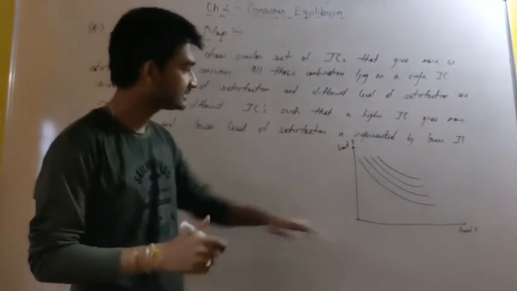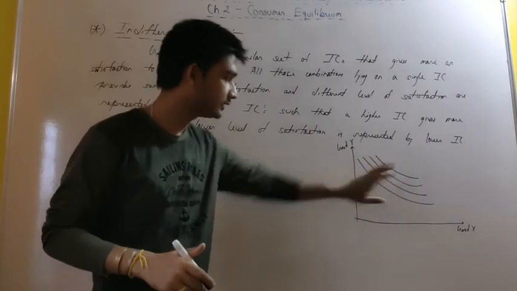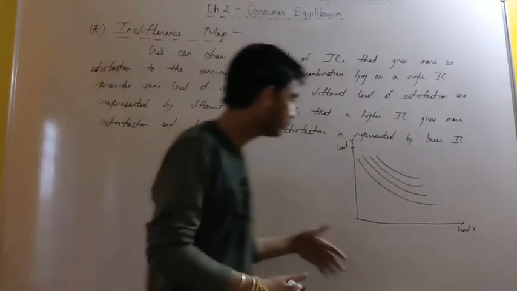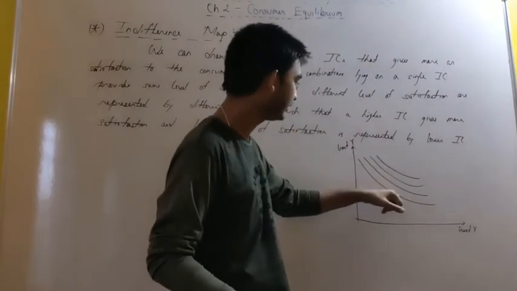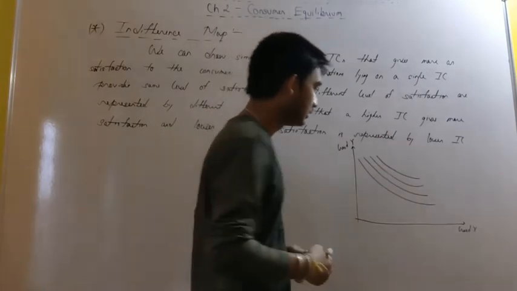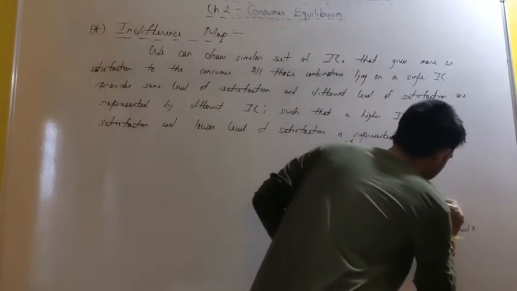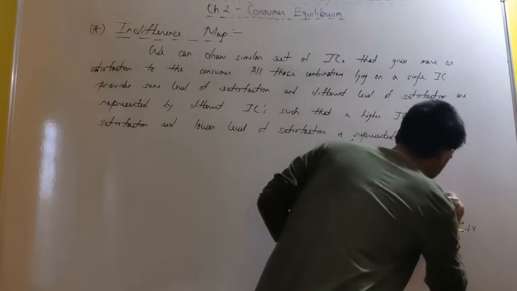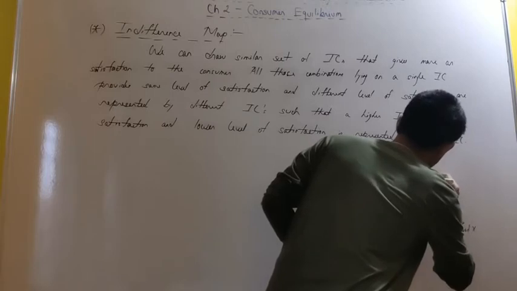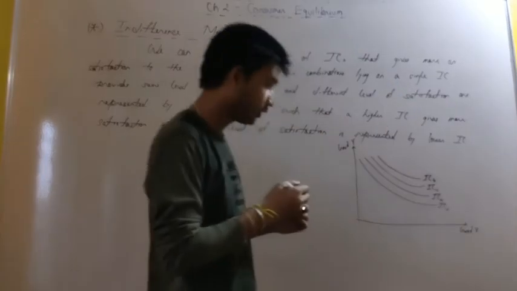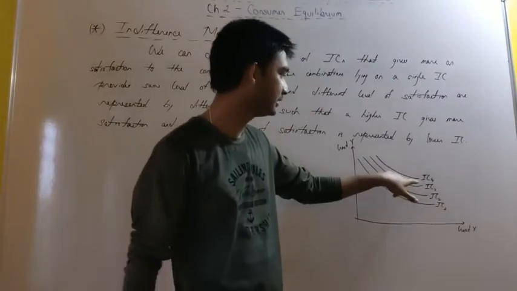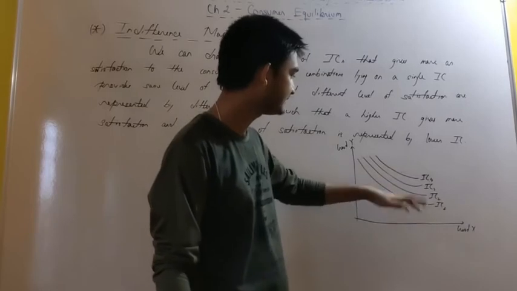All the curves I have drawn look more or less similar, but one is above another, and some lie below others. Let me name them IC1, IC2, IC3, and IC4. IC3, 2, and 1 are lying below IC4.